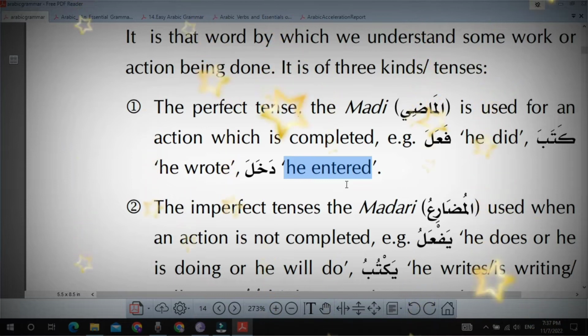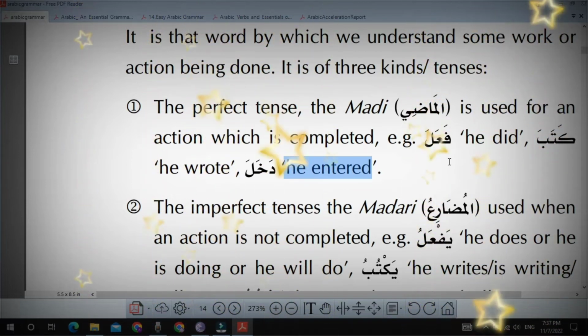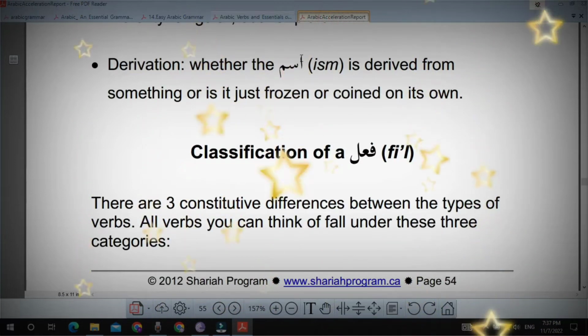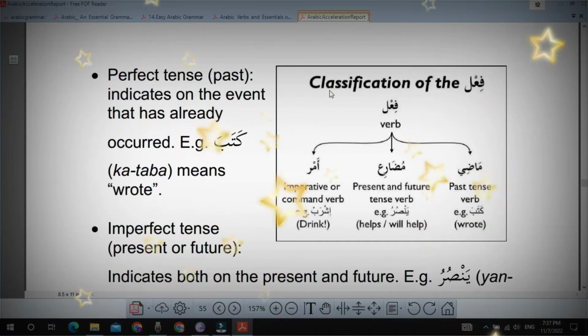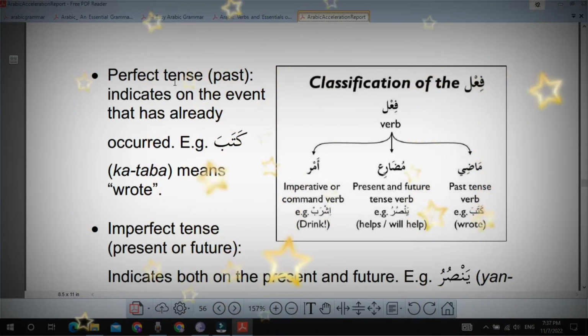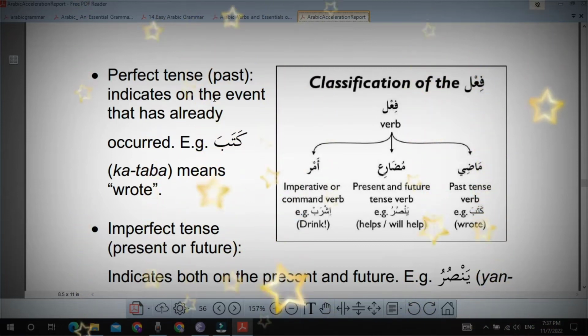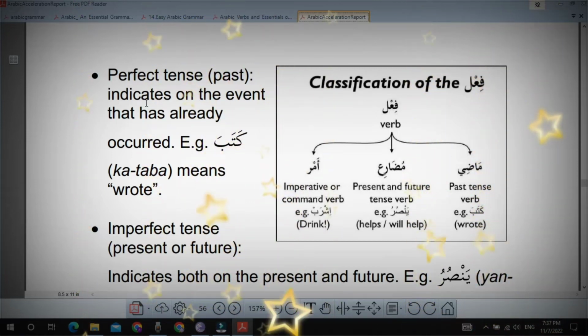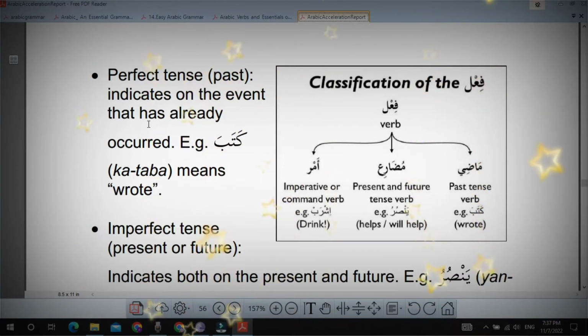This is the first kind of the verb. It is called perfect tense as well. It is called past as well. It indicates to the event that has already occurred.